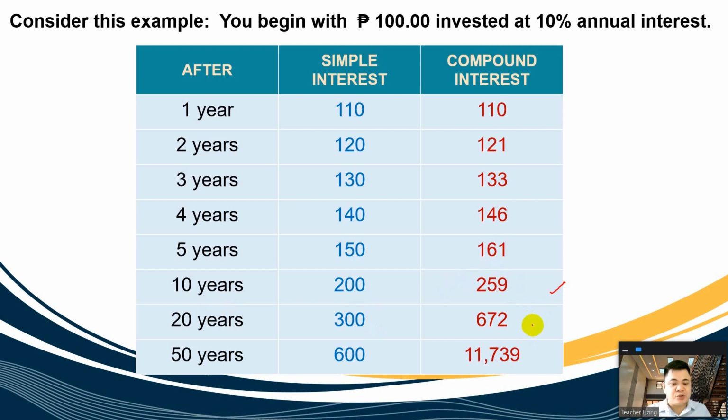So it balloons to 100%, a difference of 300 plus. And then in the 50th year, for simple interest you are going to pay only 600, but for compound interest you're going to repay 11,739. As you can see, there is a big difference between the two.